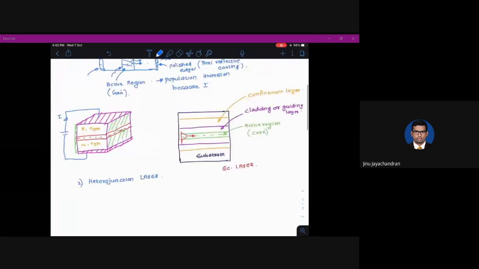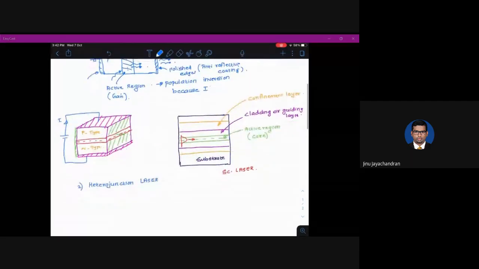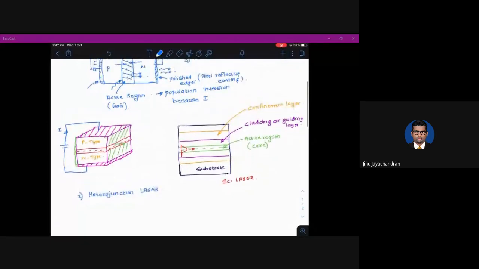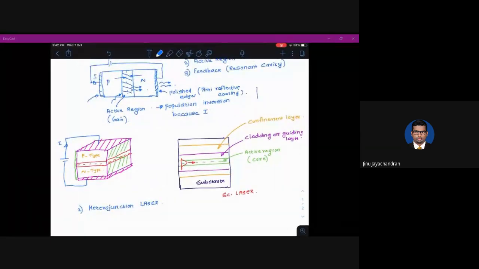If you look at the p-type semiconductor or whatever homojunction semiconductor we have, if you draw the normal block diagram, you see that there's a p, there is an n, and there is only one junction. This is the junction. So this is called a homojunction.